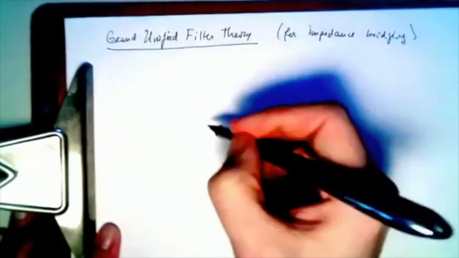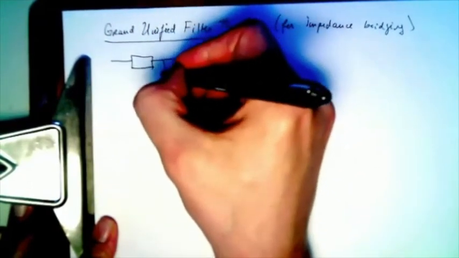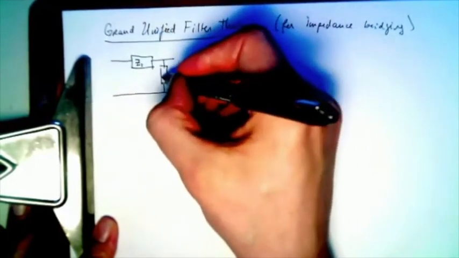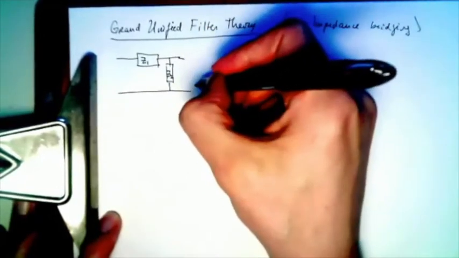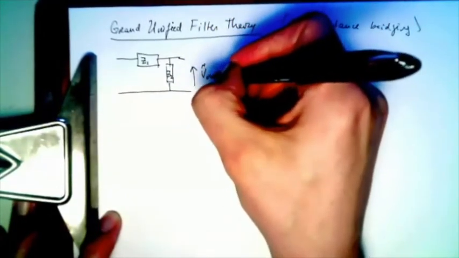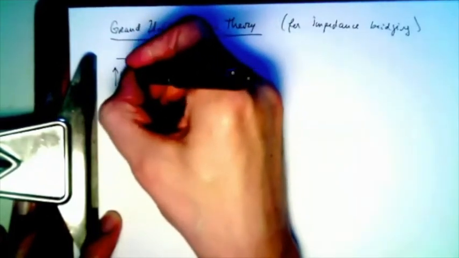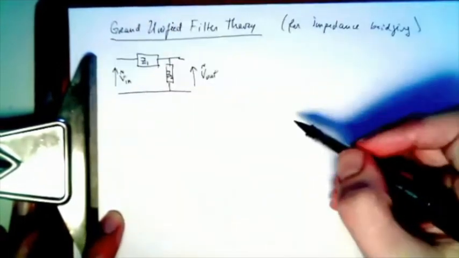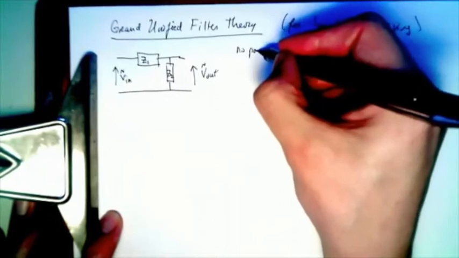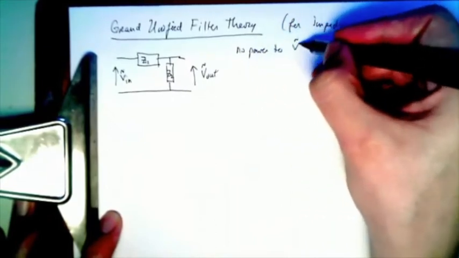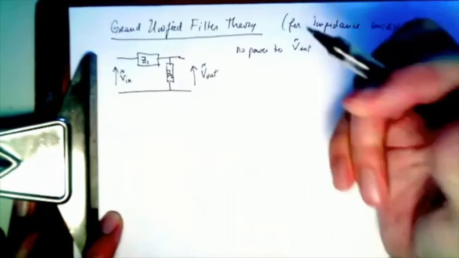Okay, the most simple filter, and the one that we will often see, consists of this kind of configuration, where now I'm not saying these are resistors, but I'm calling them impedances. So there's a Z1, and then there's a Z2. And we measure here, and then we present the signal here. And then we always say no power to V out, because again, that's what we do with impedance bridging.